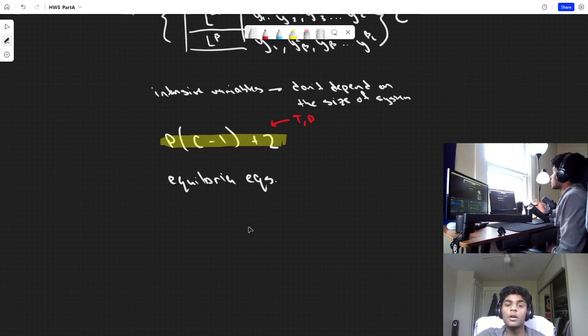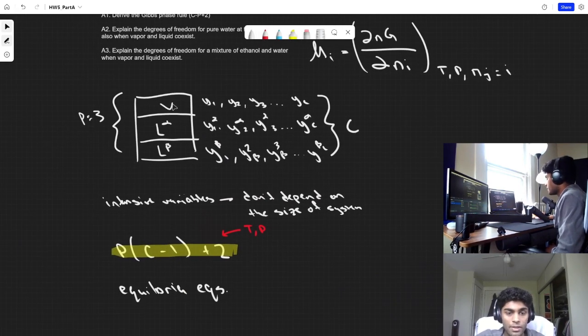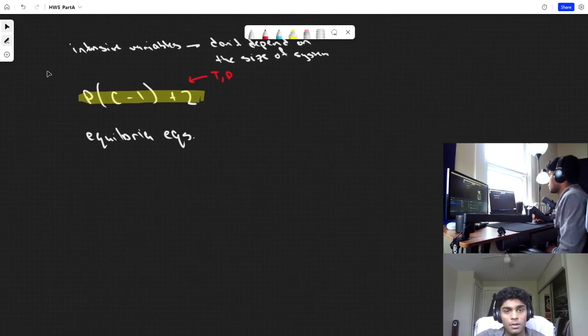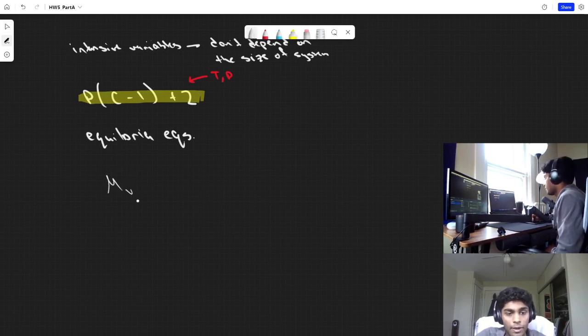Well, we can go back to talking about our chemical potential. And so when we look back up here, we see that when we have a multi-phase system in equilibrium, we're going to start off with the chemical potential of the vapor phase is going to equal the chemical potential of the alpha liquid phase.